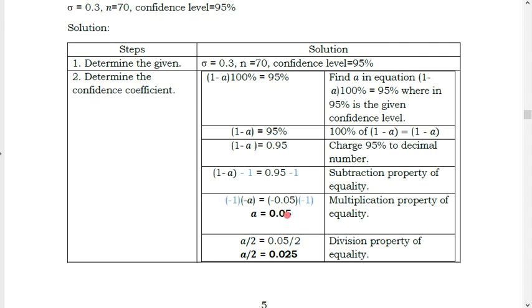So, divide natin sa 2 kasi ito ay the total area kung saan yung nasa dulo ng dalawang tail. Kaya natin dinidivide sa 2. So, yung isang tail, pag dinivide natin sa 2 is 0.025 yung kanyang area. Yung kabilang tail ay ganito rin.